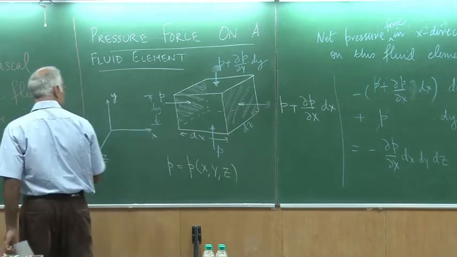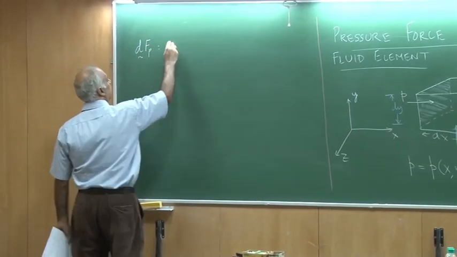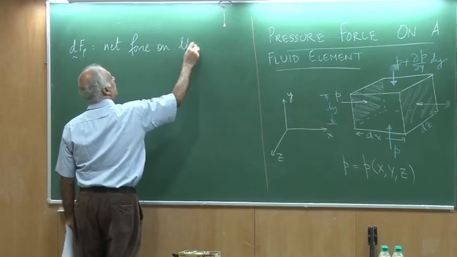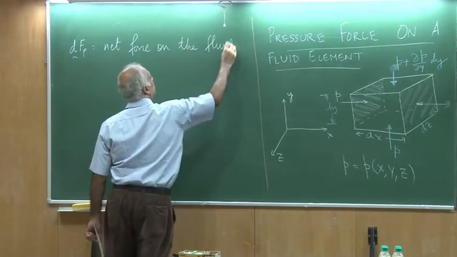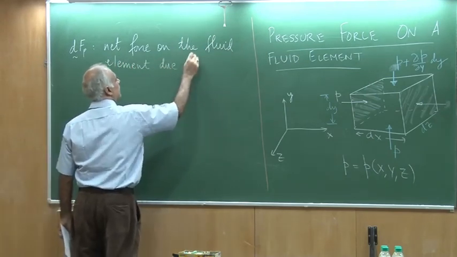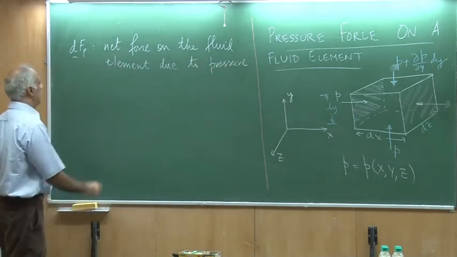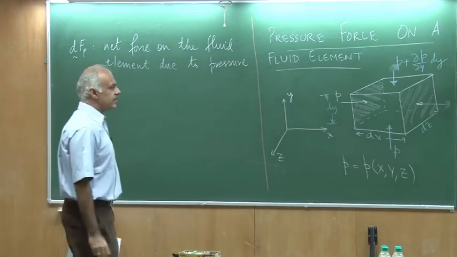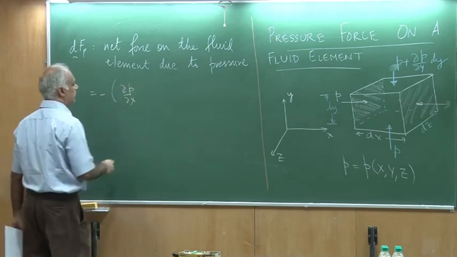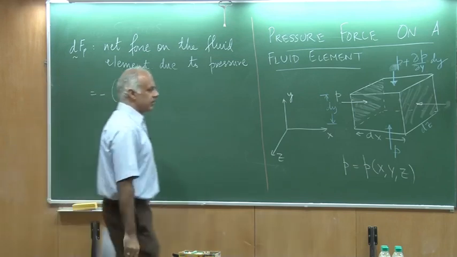So now I can write it down in terms of a vector. So I could say that dFp is the net force on the fluid element due to pressure, and this I could write in the vector notation as minus del P by del x i, that is in the x direction from here.